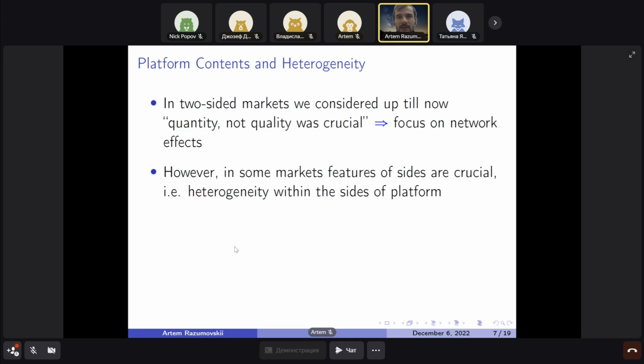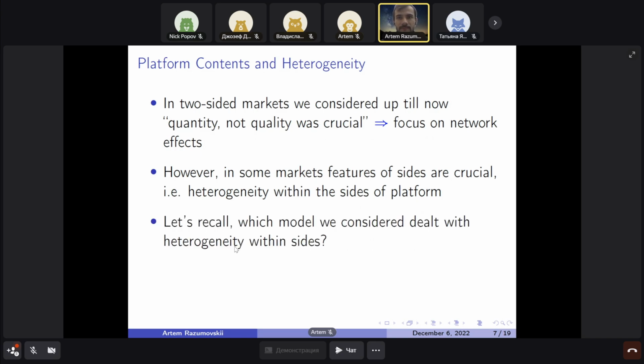But now let's think that the quality of the product matters as well. So on one side you can have different quality of the product. We already considered the model with some heterogeneity on one side, right?